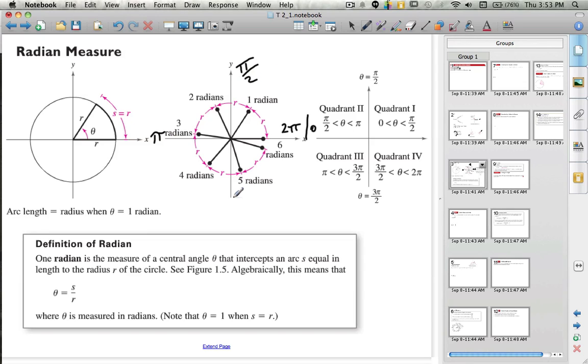And then if I go another pi over 2 past 1 pi, that would be 3 pi over 2. And these are how we label the different axis points. And these divide us into quadrants. The quadrants, like the angles, go counterclockwise. So this is quadrant 1, quadrant 2, quadrant 3, and quadrant 4.